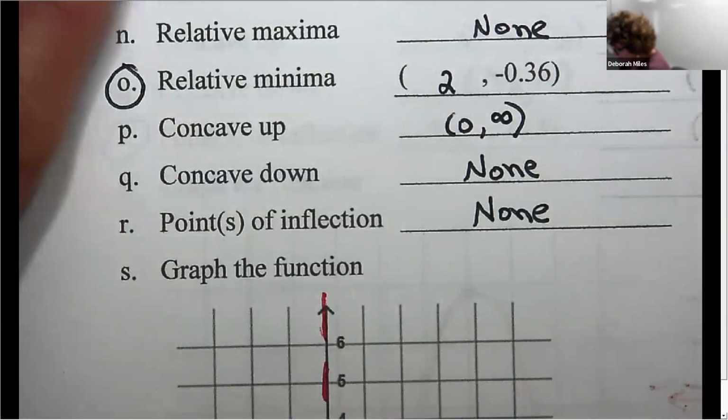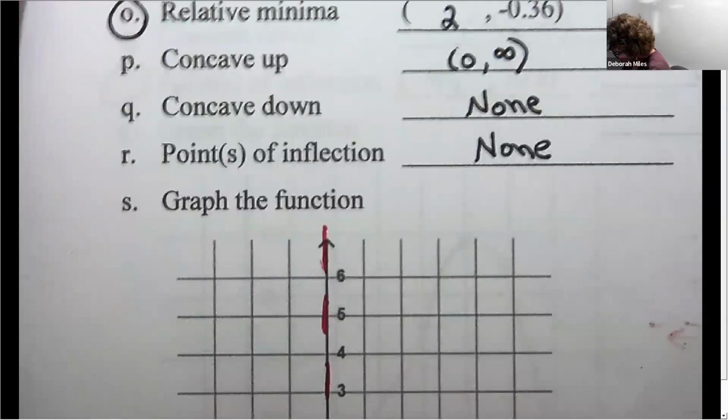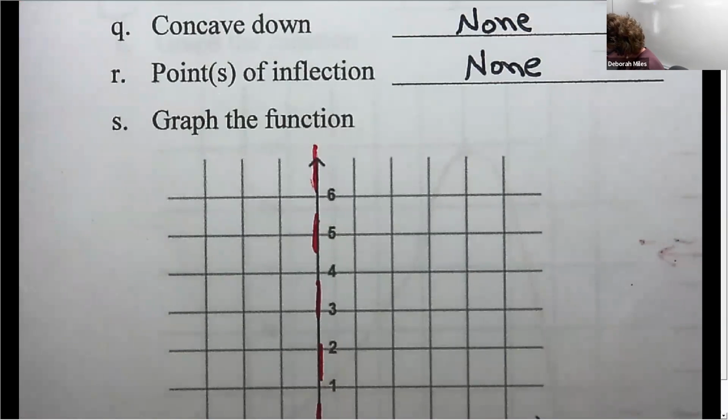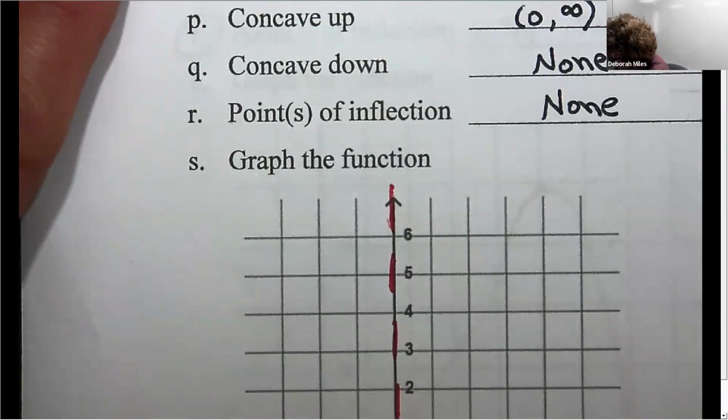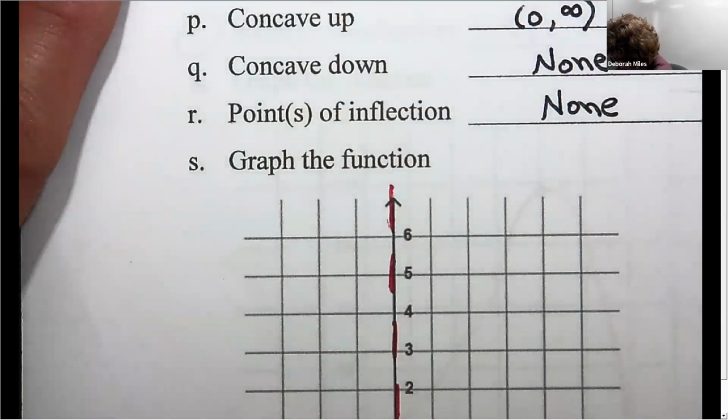All right, what do we know about the graph from that vertical asymptote up to the 2? Decreasing and concave up. Decreasing and concave up from the vertical asymptote to that point.